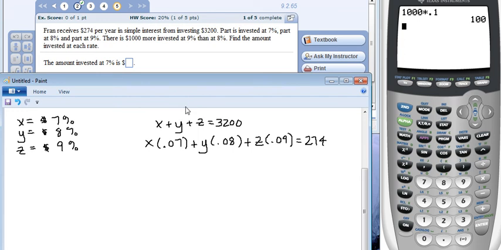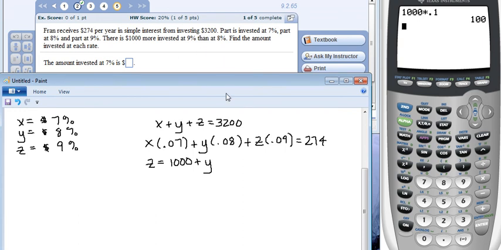So translating that, she's got $1,000 more invested here than there. So Z, however much she put into Z, is $1,000 more than what she put into the 8% account. That's another way of looking at that. This account has $1,000 more than this account. Isn't that what that says?